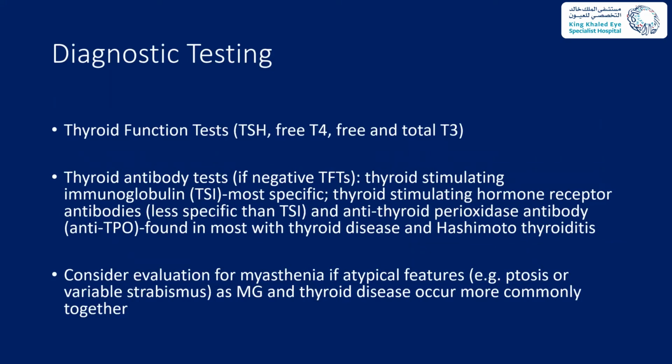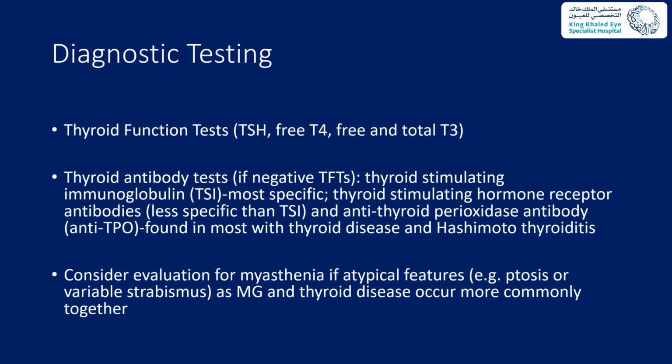Diagnostic testing can consist of thyroid function tests: a TSH, a free T4, and free and total T3. The TSH is usually low, since most cases are associated with hyperthyroidism. The free T4 is usually high, and the T3 may be high. Thyroid antibody tests may be performed, though are not usually necessary to make the diagnosis.